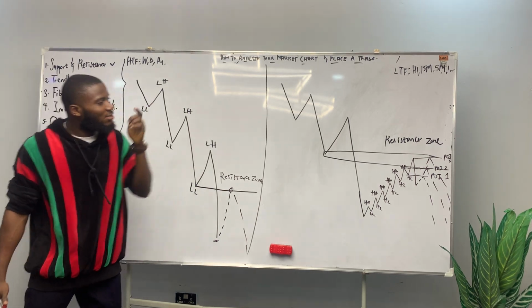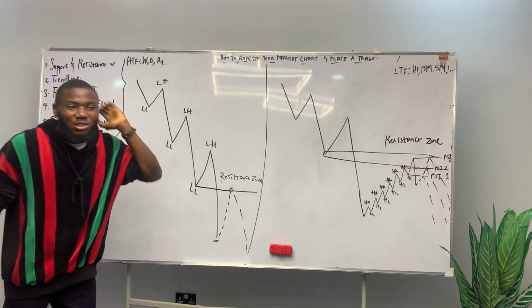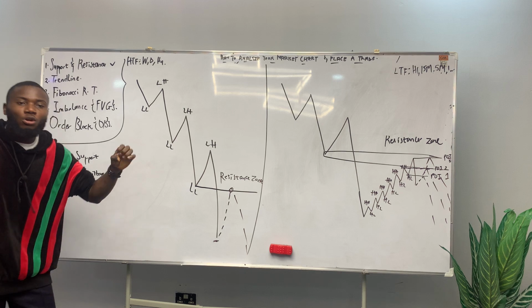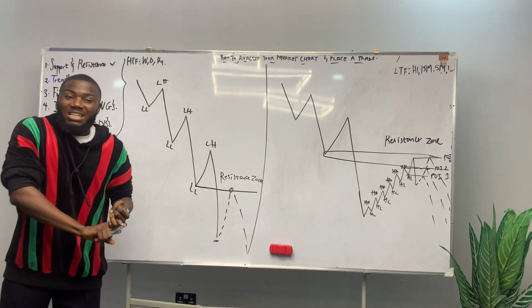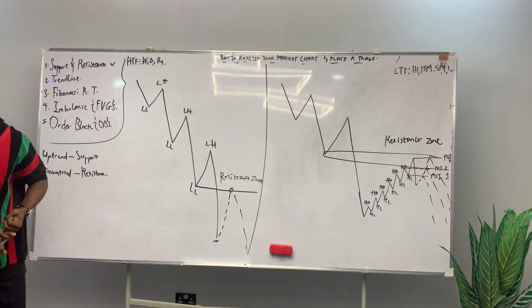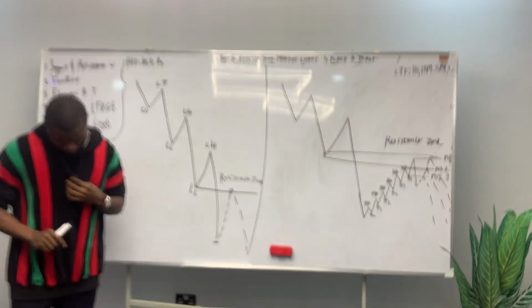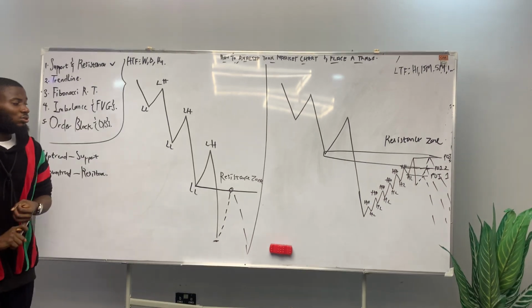You get? That's it. So this is how to use the support and resistance method. First, on your higher time frame, you get the support and resistance zone. If it's an uptrend, you get the support zone. If it's a downtrend, you get your resistance zone.